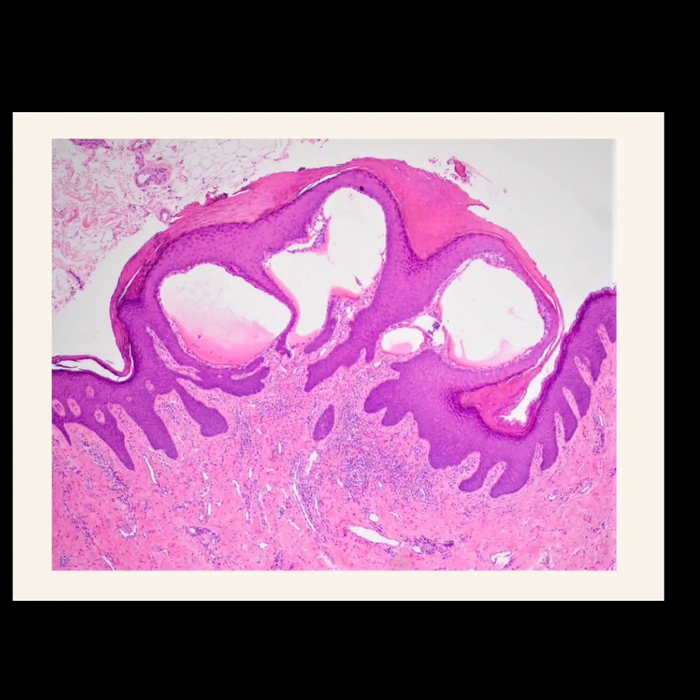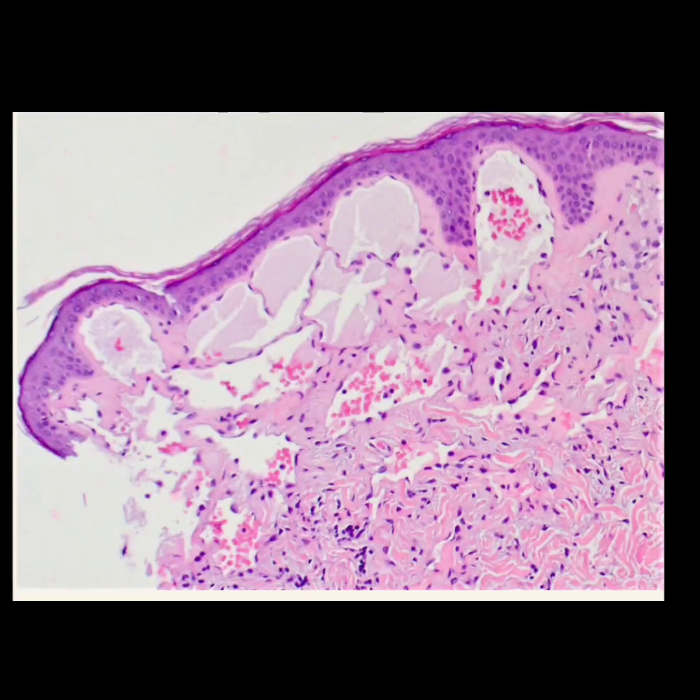Here in this photomicrograph we can see large dilated lymphatic vessels present just underneath the epithelium. It seems that these lymphatic vessels have replaced the connective tissue. Similarly, here we can see somewhat smaller lymphatic vessels underneath the epithelium.